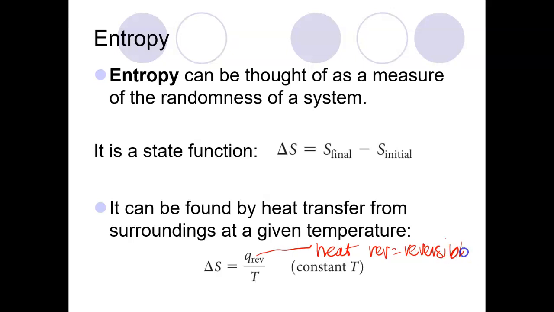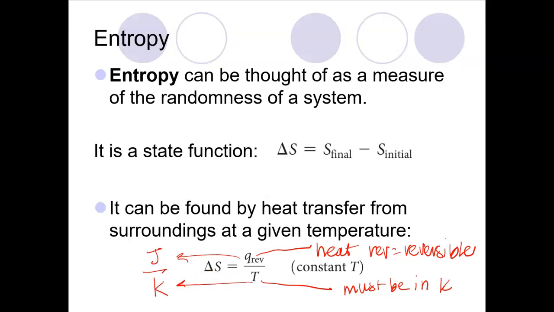At the end of the day, it doesn't super matter. T stands for temperature, which must be in Kelvin. The units on delta S are joules per Kelvin. So this equation is very literal. We need the heat to come out in joules and the temperature to come out in Kelvin, so I can take joules divided by Kelvin.